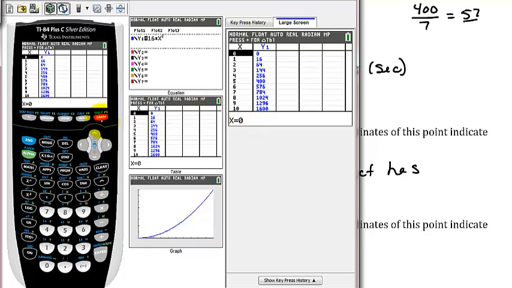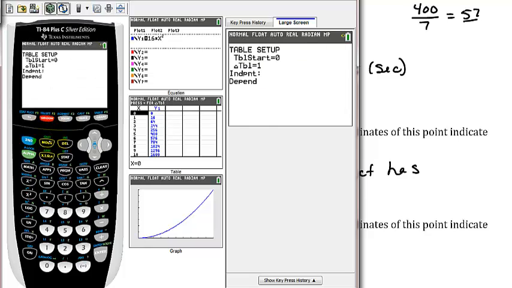And so for that you want to go to table set. So hit the blue key and window. We'll bring you to the table setup. And so our table is starting at 0, which is fine. And then this triangle, remember, in math means change. So change table 1 means it's going up by 1 each time. So arrow down until you get to that, and if we have it go up by 0.5, then 4.5 will show up in our table.